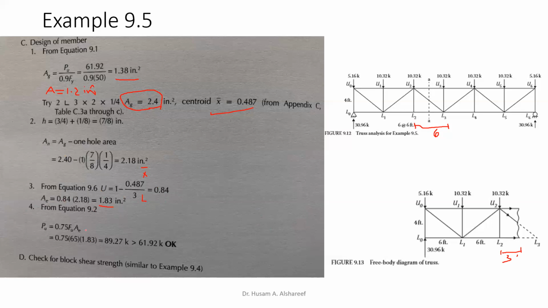So to utilize equation 9.2, which is P equals 0.75 Fu Ae, Fu is 65 from table 9.1, times 1.83, which is what we found here. It gives me a total of 89.27 kips. This value is larger than the value we found for the internal force.